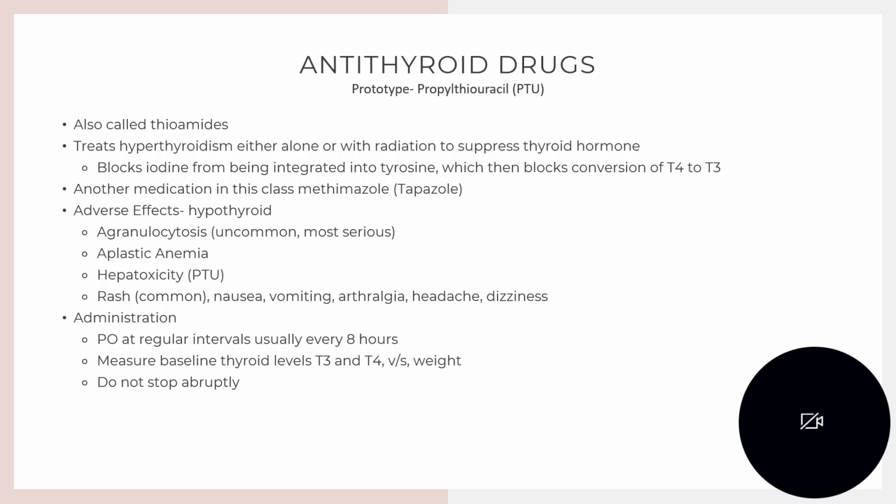So it is going to function by blocking iodine from being integrated into tyrosine, which then blocks the conversion of T4 to T3. Okay, so it is blocking those hormones, T4 turning to T3, so that our body can use it. That is how it's decreasing that level. Is this targeting the thyroid hormone that you have in your body right now?